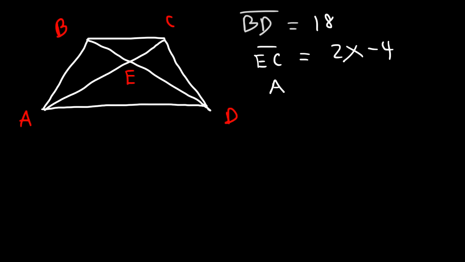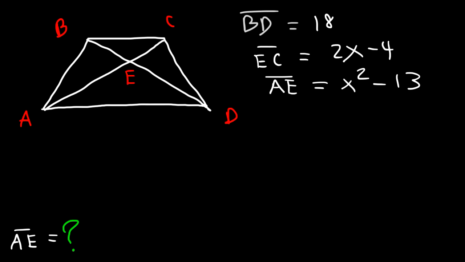And AE is x squared minus 13. So with this information, your task is to determine the length of, let's say, AE. Go ahead and calculate the measure of this segment.